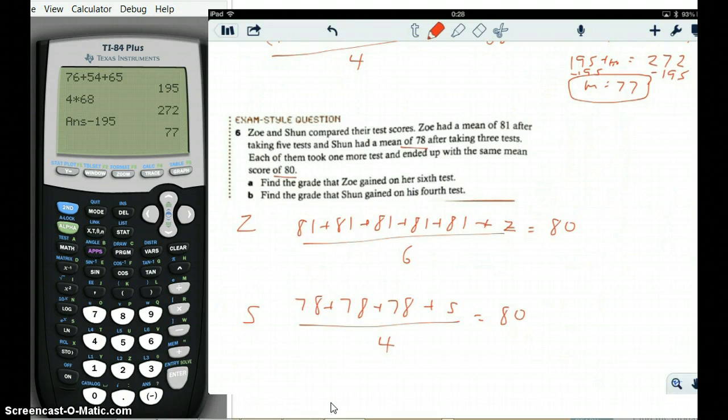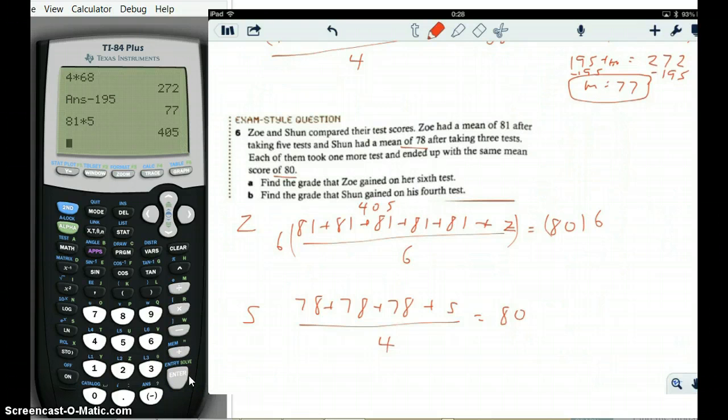We multiply both sides by 6. So it gives us 81 times 5. 81 times 5 is 405.